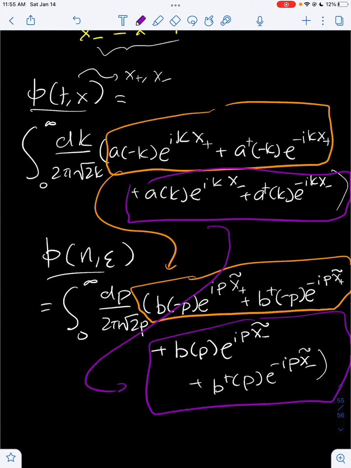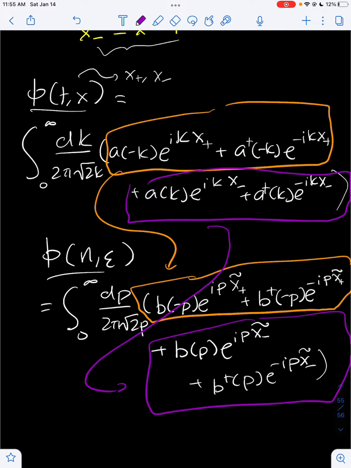The reason is that under the light cone coordinates, we have negative and positive frequency parts, and the light cone coordinates will not mix the negative parts with the positive parts.